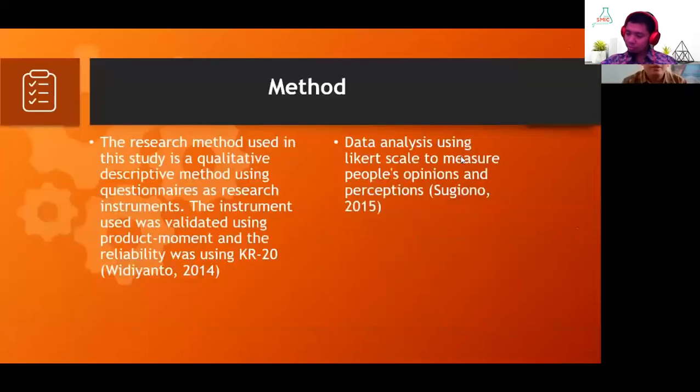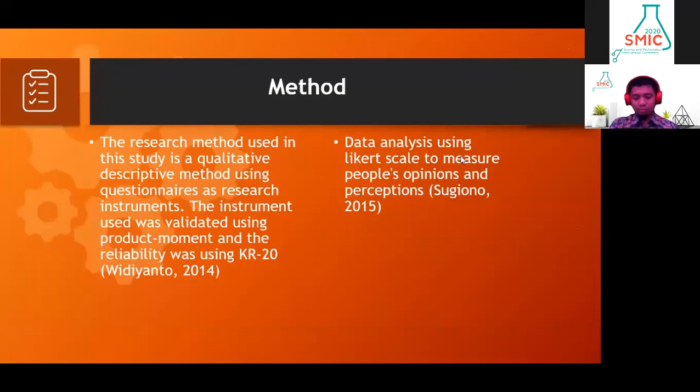Method. The research method used in this study is a qualitative descriptive method using questionnaires as research instruments. The instrument used was validated using product moment, and the reliability was using KR20. Data analysis using Likert scale to measure people's opinions and perceptions.